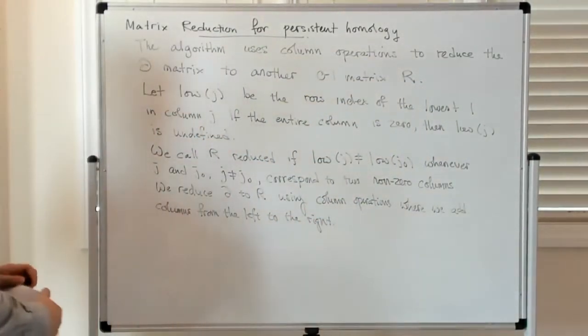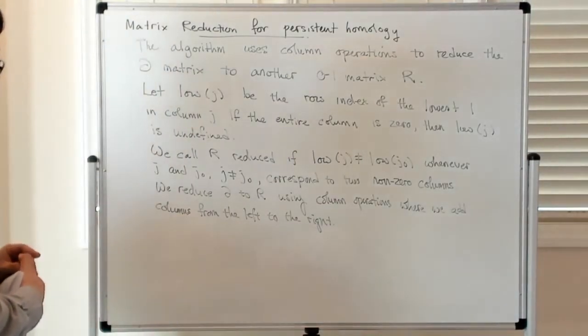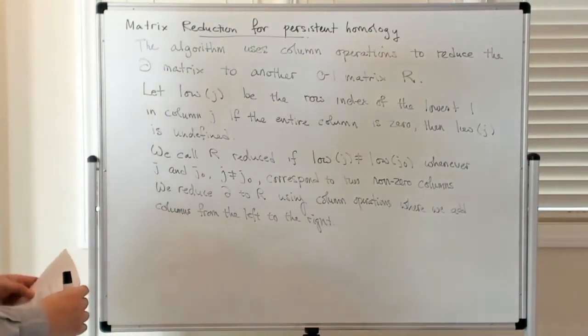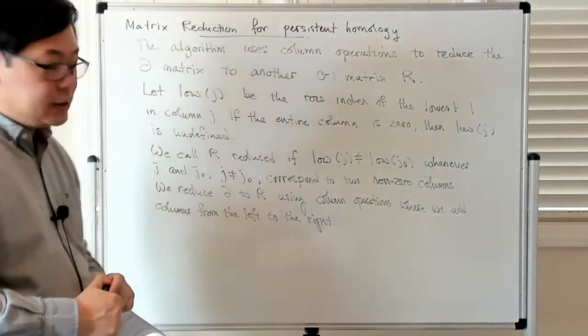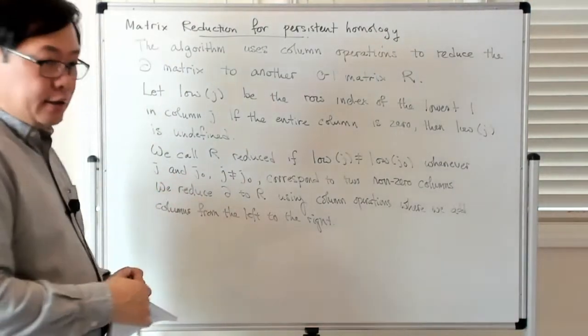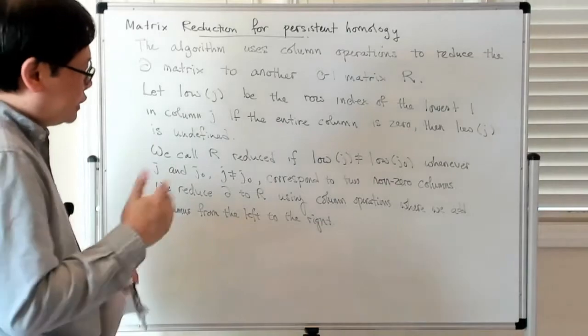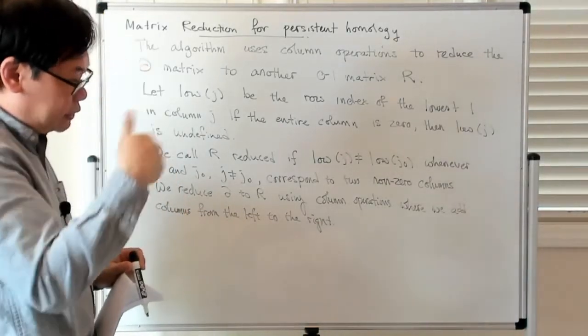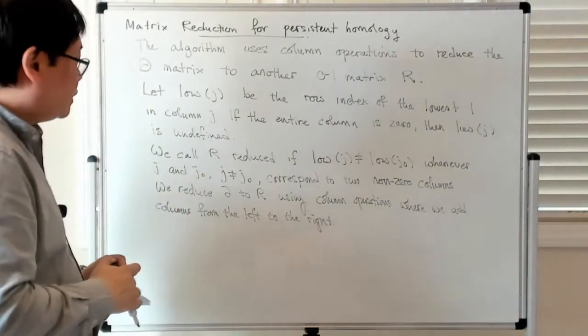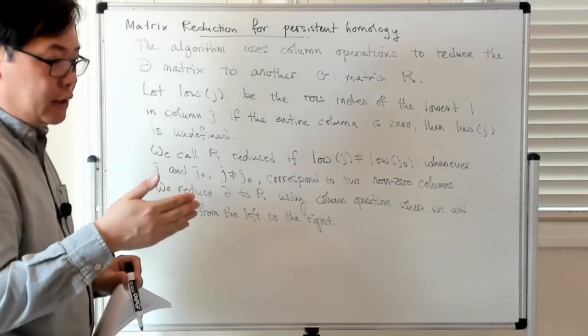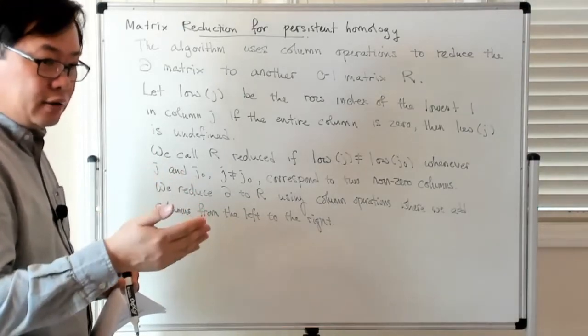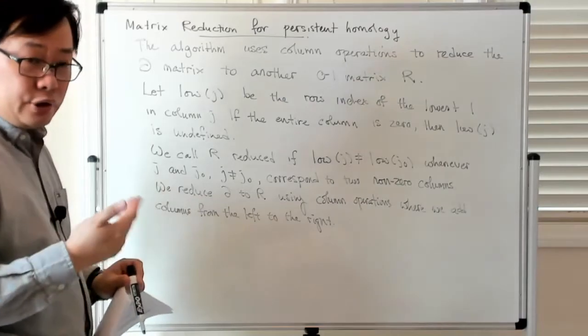One thing you observe is that you recall there were two conditions for the idea of a compatible ordering, one of which has to do with the filtration function, and the other with the idea that if a simplex is the face of another simplex, then it appears earlier.